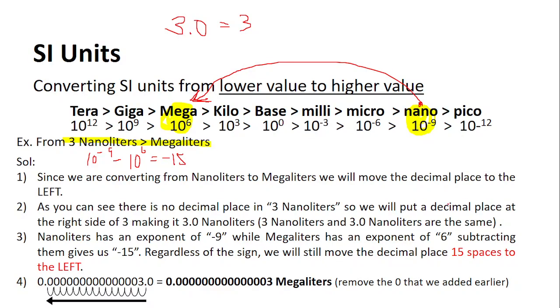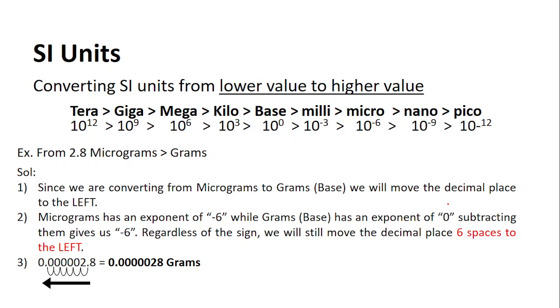Okay? So, next example, from 2.8 micrograms to grams. Same as before, we are converting from a lower to a higher value. So, let's look at micrograms. Here is micrograms. Then grams is at the base. Again, what are our base units?